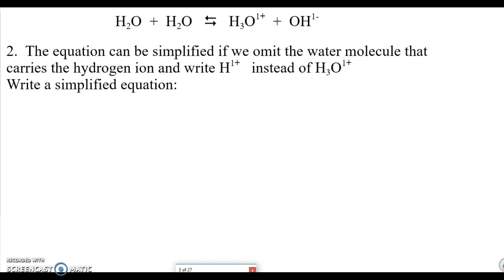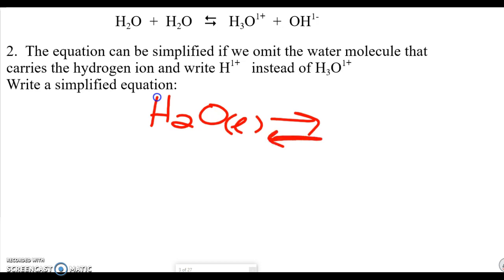So the equation can be simplified if we omit the water molecule. What we end up getting is H2O, and again, that's a liquid. We put a double arrow there, meaning this reaction can go both ways. And you end up getting the hydrogen ion, aqueous, and the hydroxide ion, aqueous.